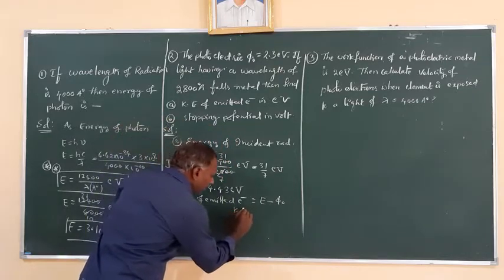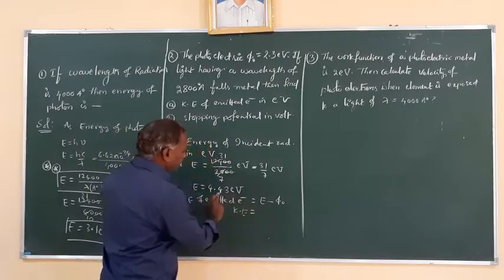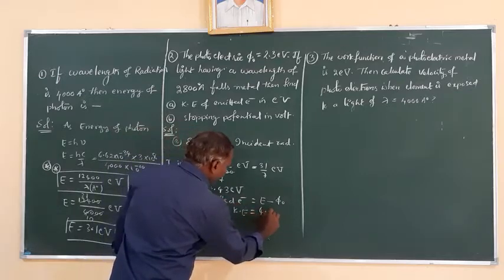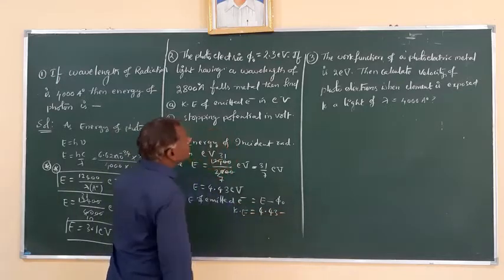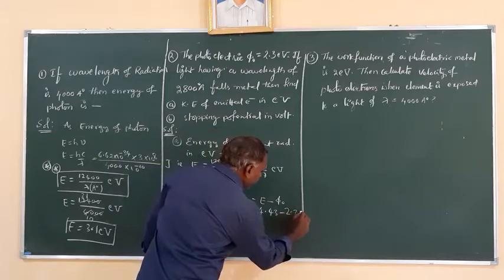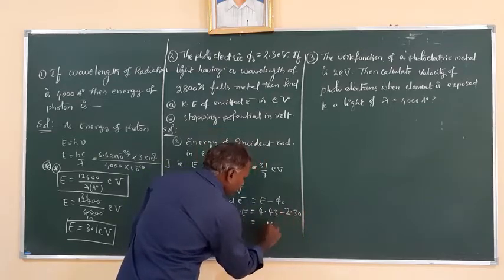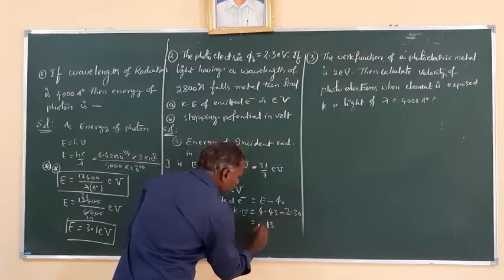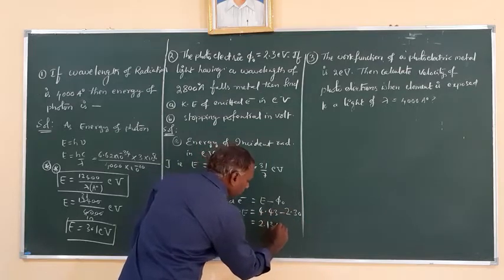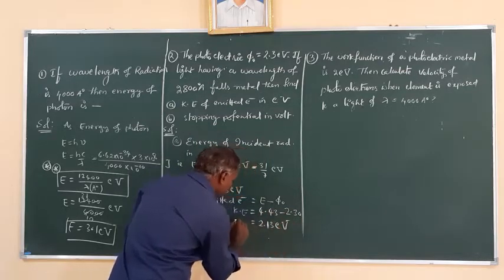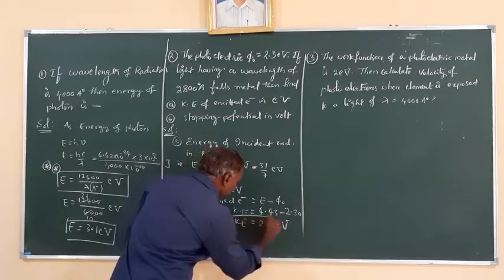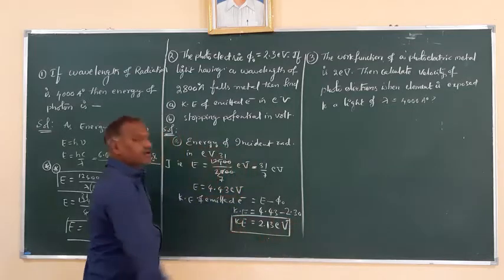So the kinetic energy is equal to E, which we got as 4.43, minus 2.30. Now 3 minus 0 is 3, 4 minus 3 is 1, 4 minus 2 is 2. So 2.13 electron volts is the kinetic energy of emitted electrons.